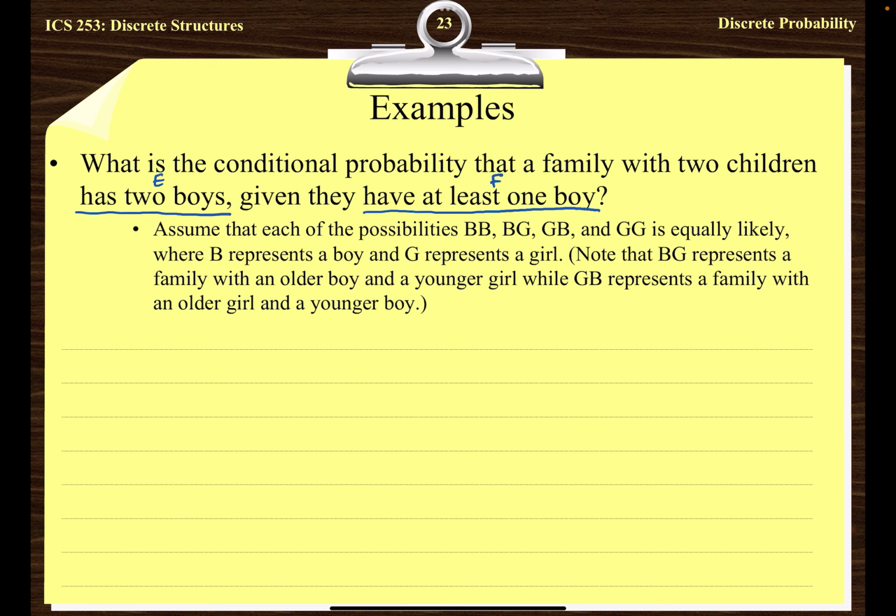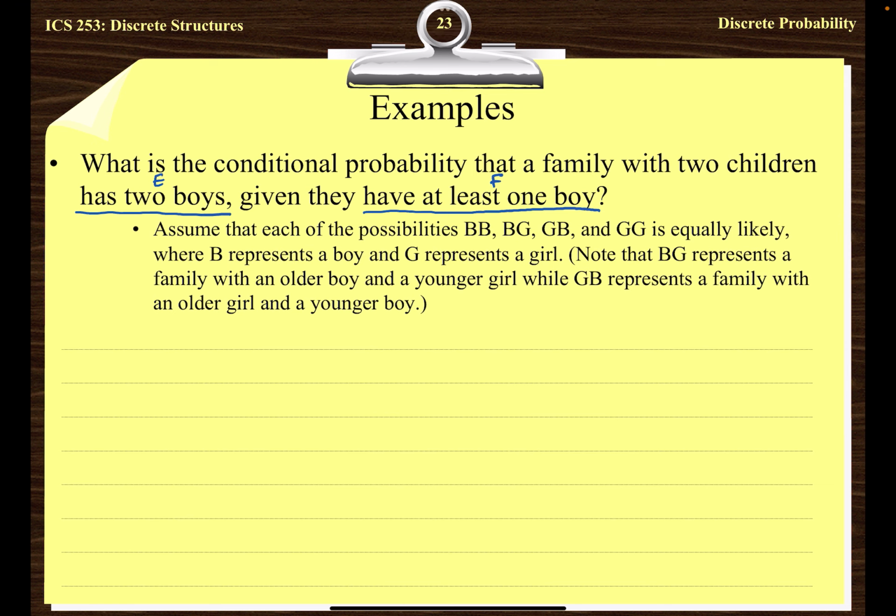Yes, who's older, right? So here we're assuming that BG represents a family with an older boy and a younger girl, whereas GB represents a family with an older girl and a younger boy. Okay.